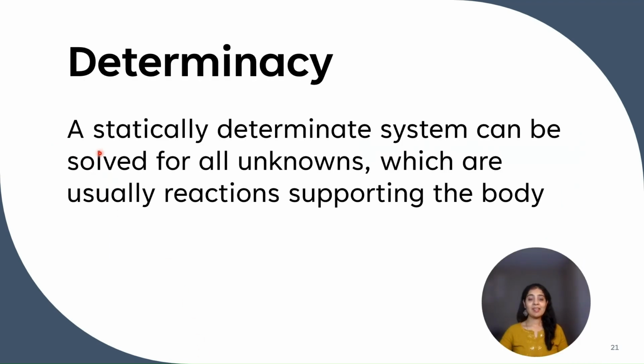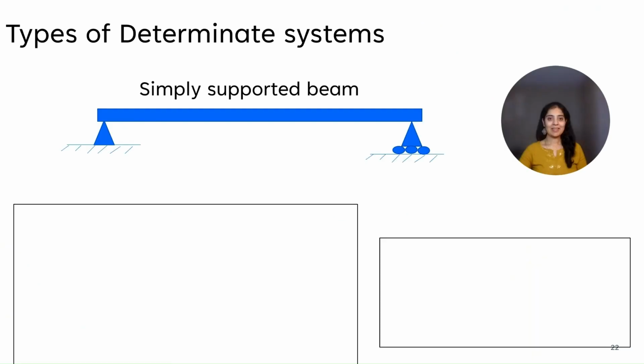Determinacy. A statically determinate system can be solved for all unknowns, which are usually reactions supporting the body. We will see examples. So, this is the simply supported beam, which is also an example of a determinate system. How?